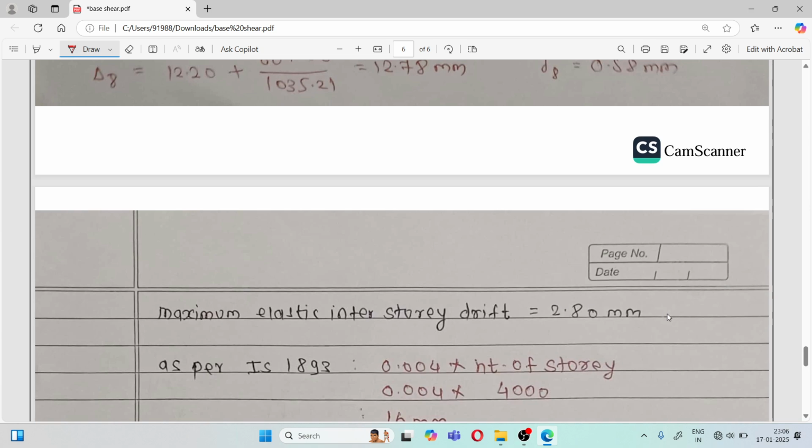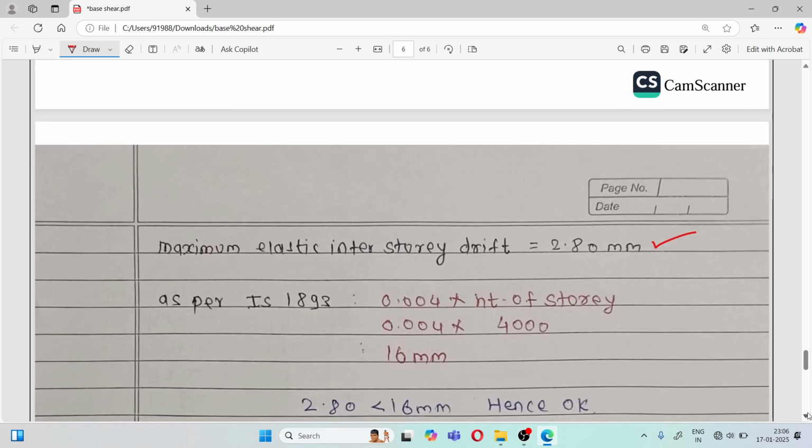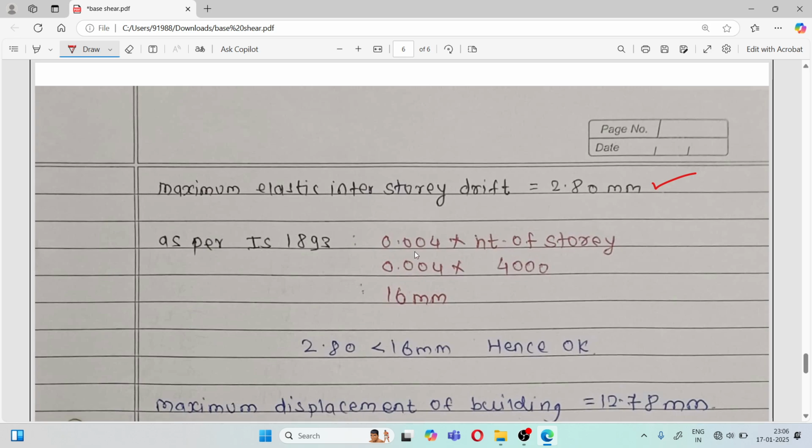Out of which we know that 2.80 is the maximum drift. As per IS code, the formula is 0.004 into the height of the story. The height of the story is 4 meter, that is 4000 millimeter, multiplied by 0.004. So the maximum drift allowed is 16 mm, but we have only 2.80, hence okay.